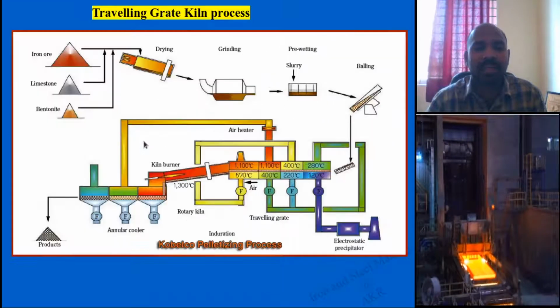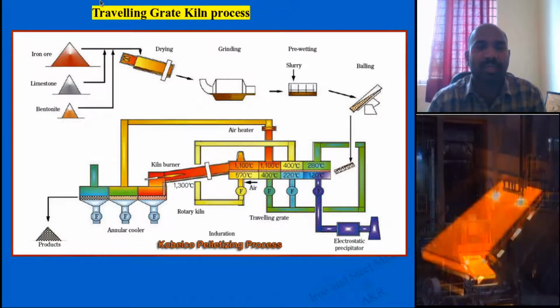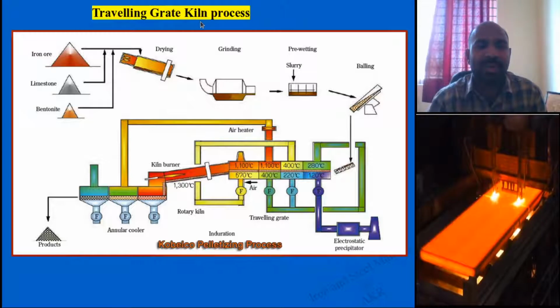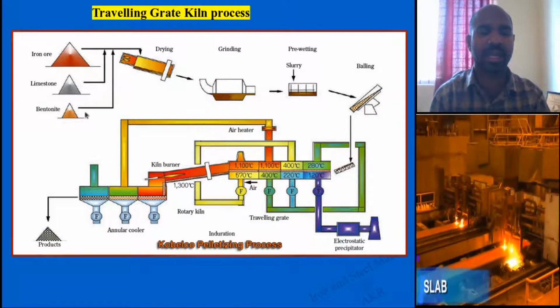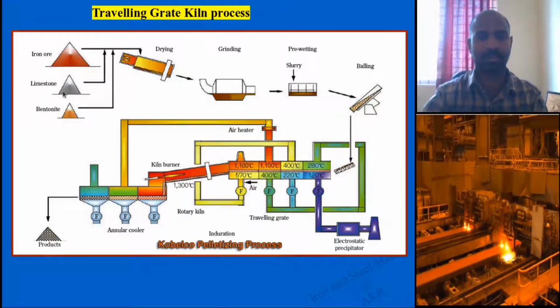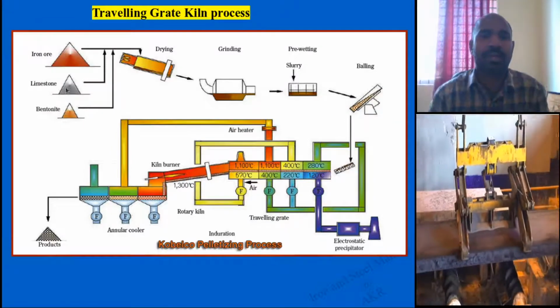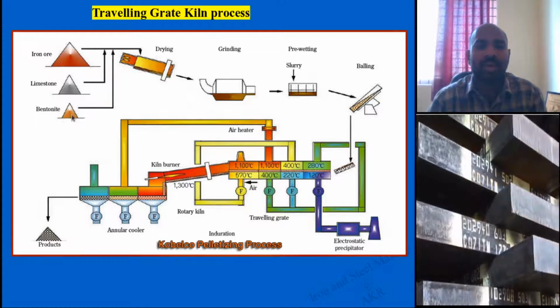It varies. Now coming to the second process, the traveling grate kiln process. Initially, for making green pellets you use a combination of iron ore, ultra fine iron ore, fine limestone, and fine bentonite.